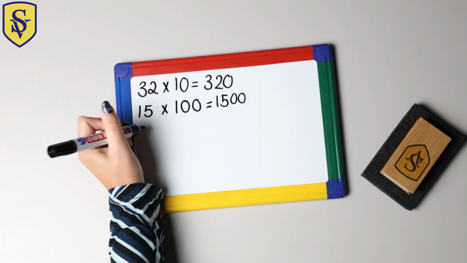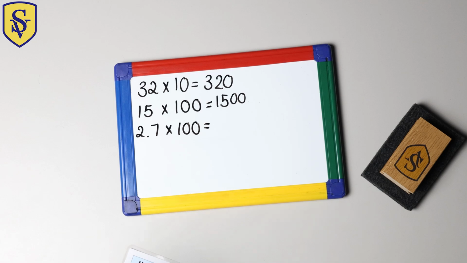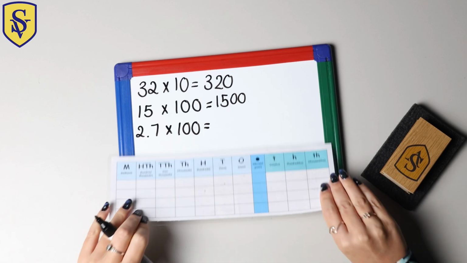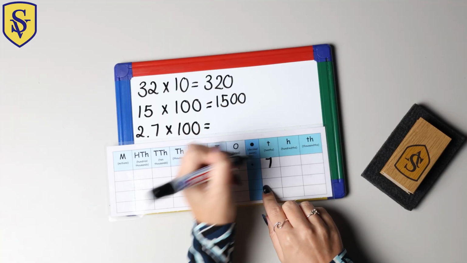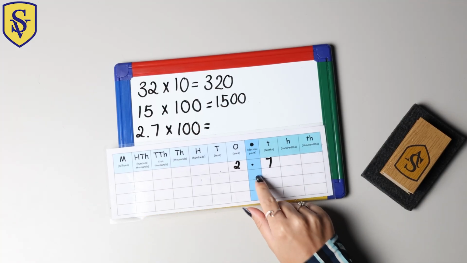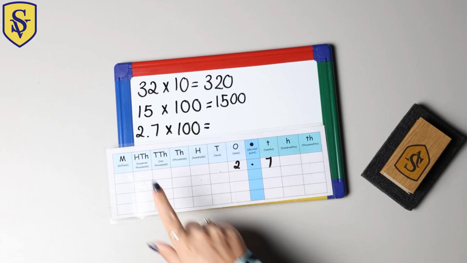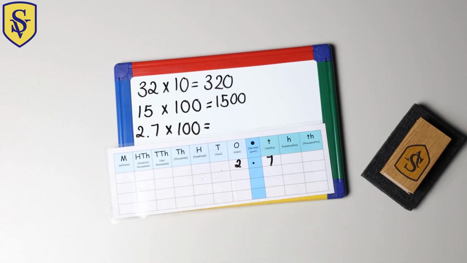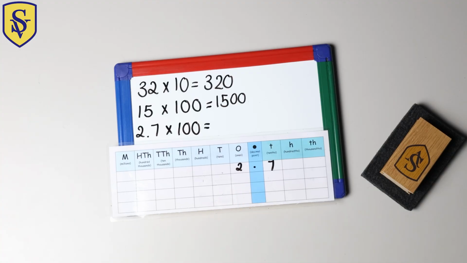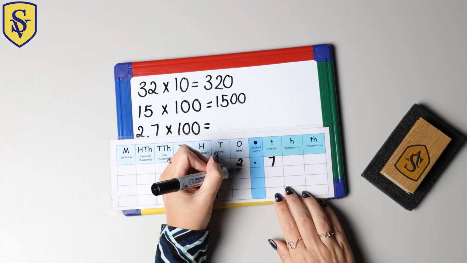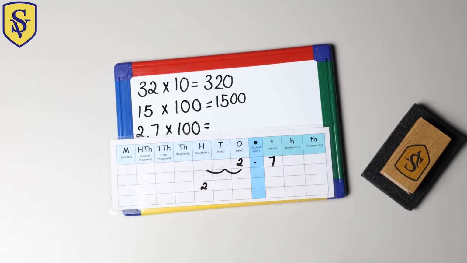So if we have 2.7 times 100, again we use the place value grid and we're going to put 2.7, making sure the decimal point is really clear so it doesn't get muddled up for 27. And same again, 27 times 100. If you're multiplying, you're going to go to the left, and there are 2 zeros in 100, so it's 2 jumps to the left. So we're going to go 1, 2, and put a 2 there.